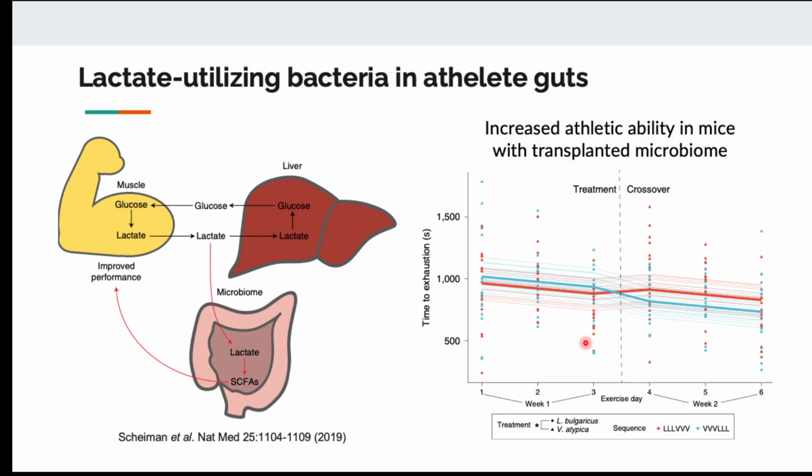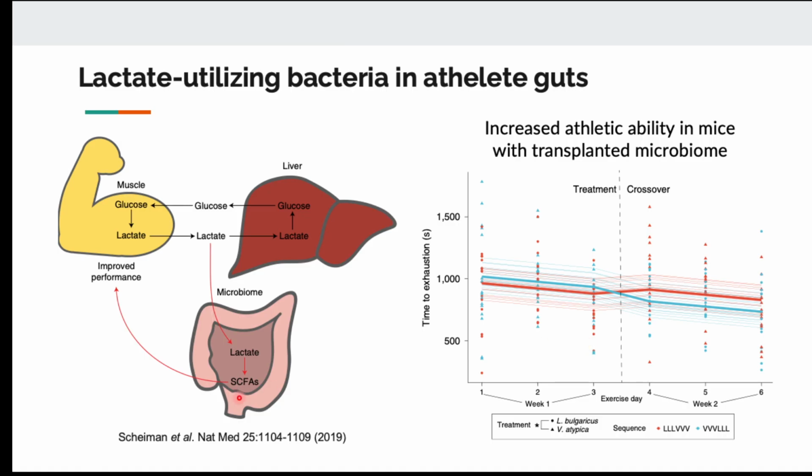In another study from 5 years ago, which was pretty exciting at the time, people tried to understand if there are any microbiome factors that distinguish people who are good at athletics, people who can run faster, people who can jump higher. And they studied the gut microbiome differences between athletes, so people who do sports, and regular people.